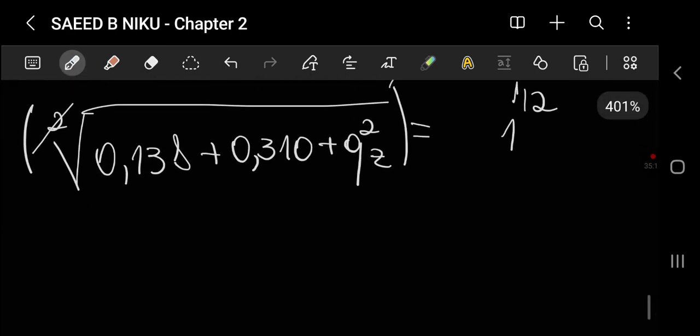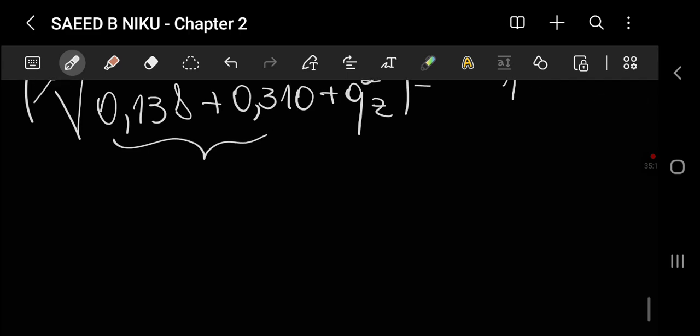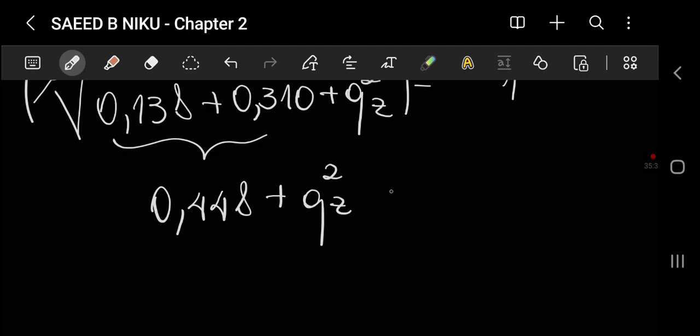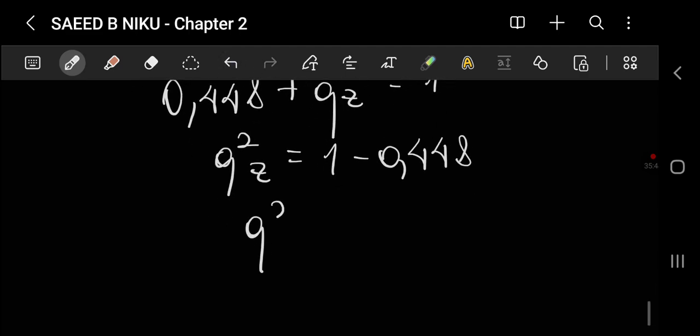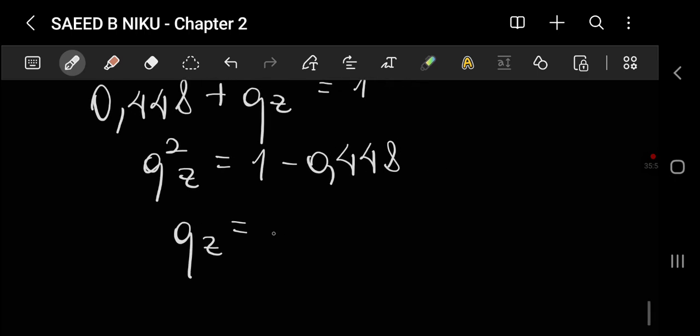So it is the sum of this plus Qz squared equal to 1, Qz squared is equal to 1 minus 0.448, and we find this component right here.